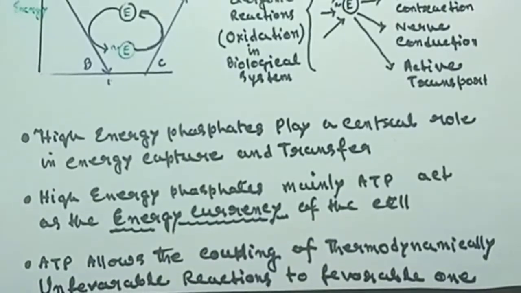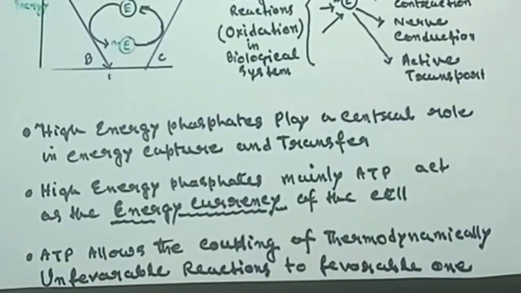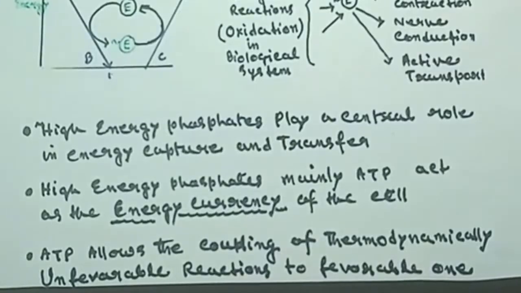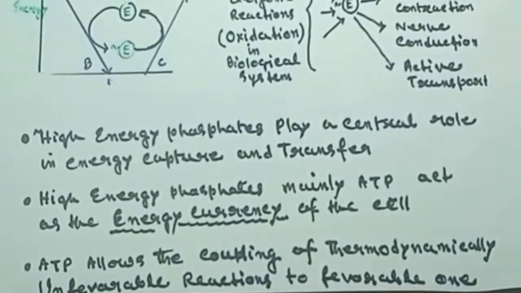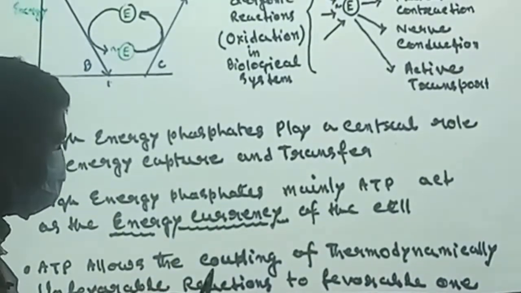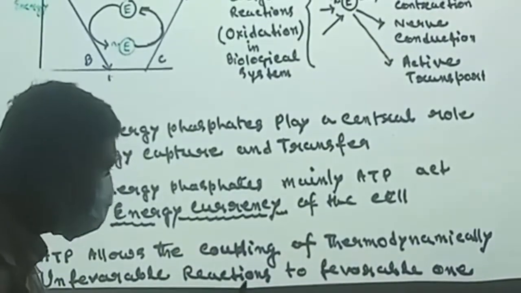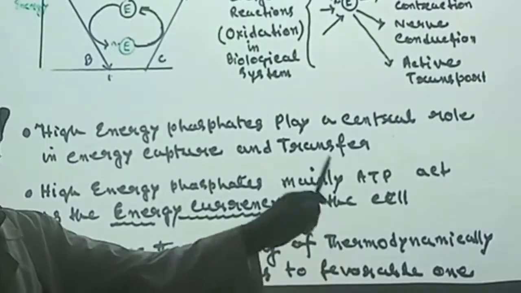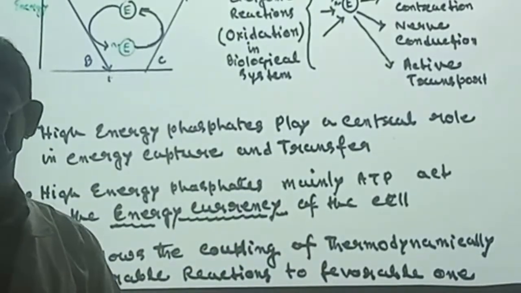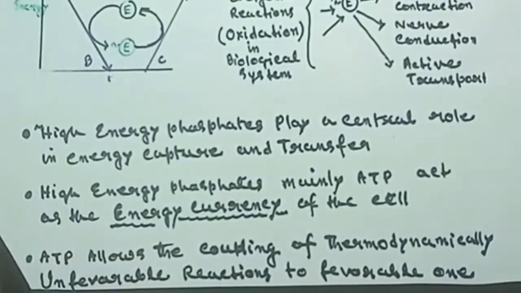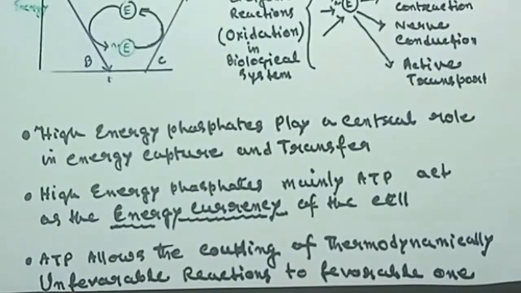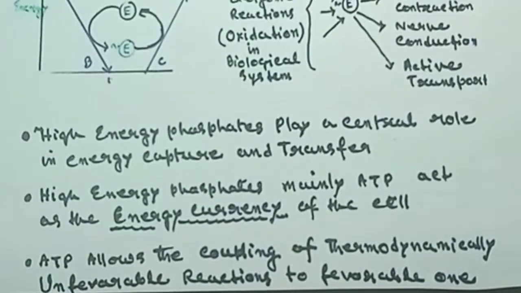Whenever ATP is stored, we can always supply energy for some reactions to happen. And ATP allows the coupling of thermodynamically unfavorable reactions to favorable ones. So that you will learn in the subsequent steps how ATP is utilized.